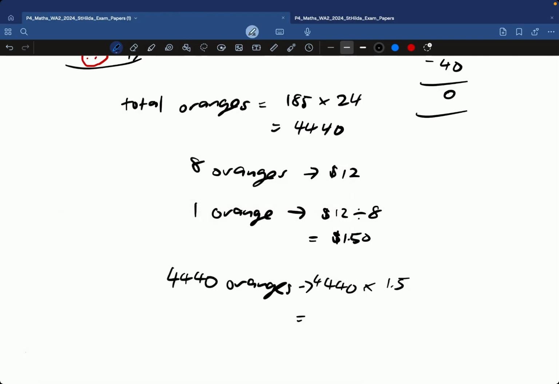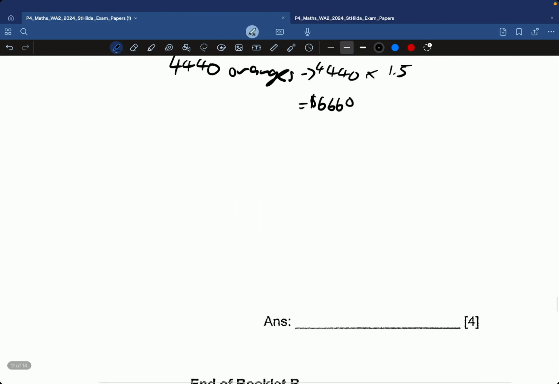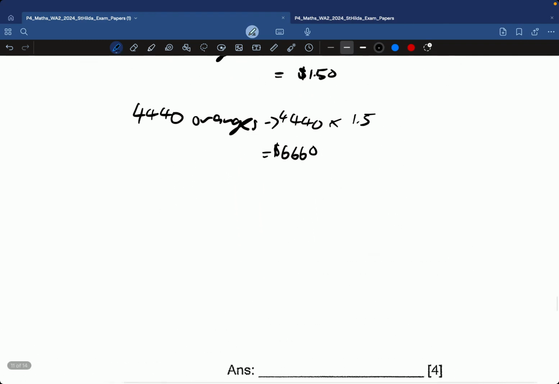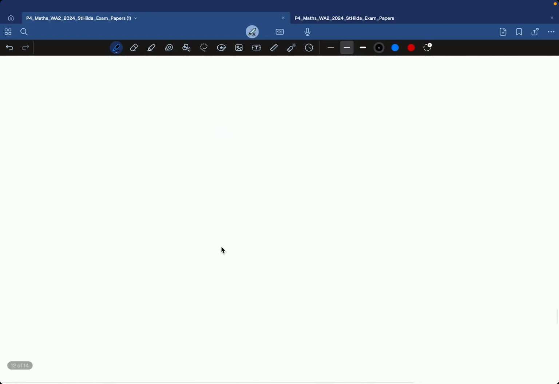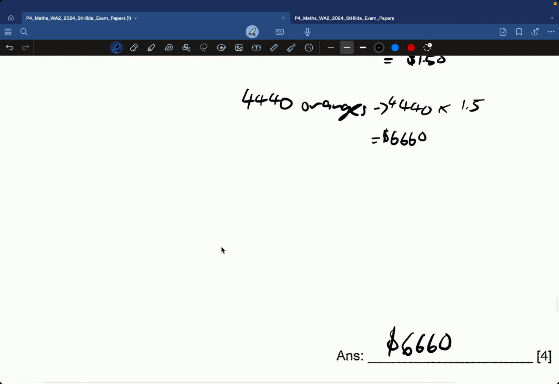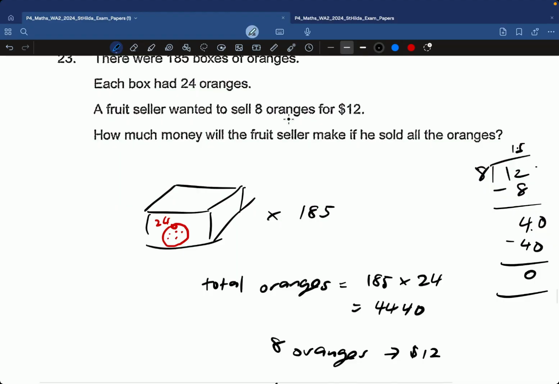It will be $6,660 in this case. Okay, and that's the answer. $6,660. All right, that's it for the P4 Maths Weighted Assessment 2 2024 for St. Hilda's.